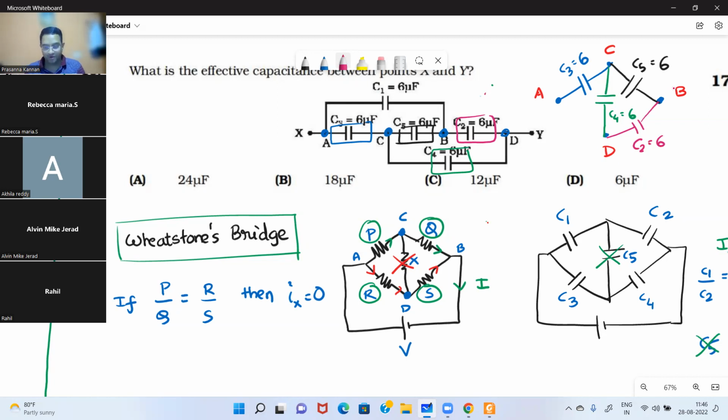And finally, I'm going to draw another capacitor between A and B. A and C we have completed, C and B is completed, and C and D is also completed.